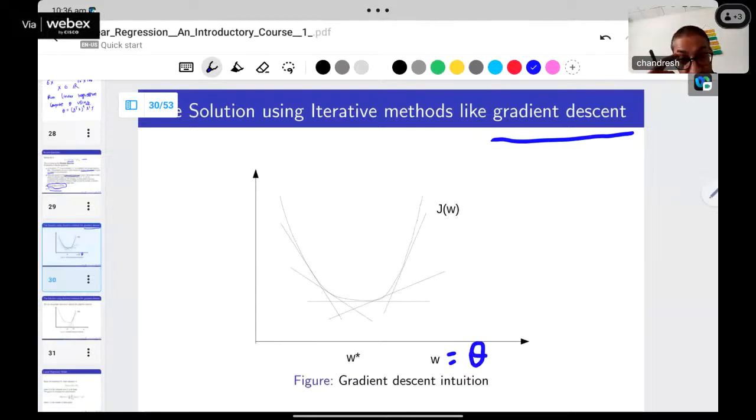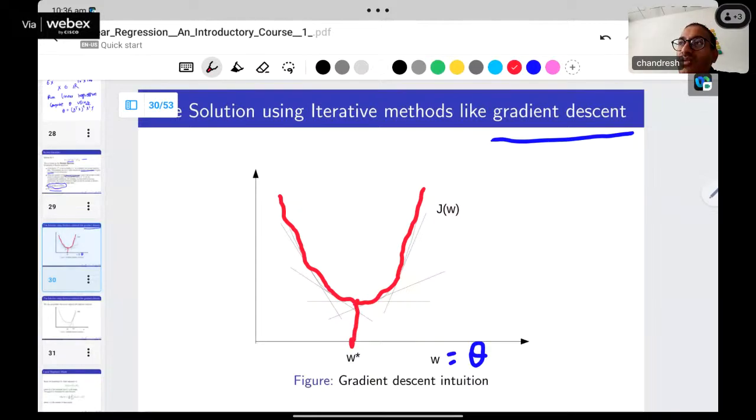So in practice, what is the essence of this optimization, for those who don't know what optimization is? The goal is like this: given some function, let's say this one, this is the graph of the function you plot, and what you are looking for is a point W star at which the function achieves its minimum value.